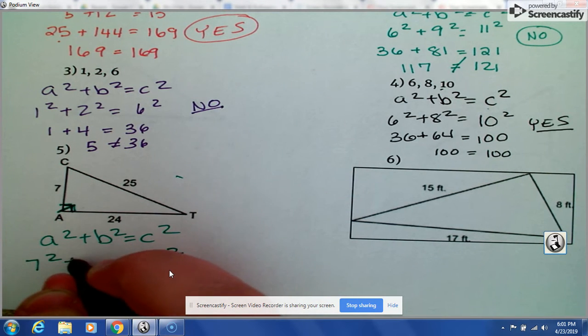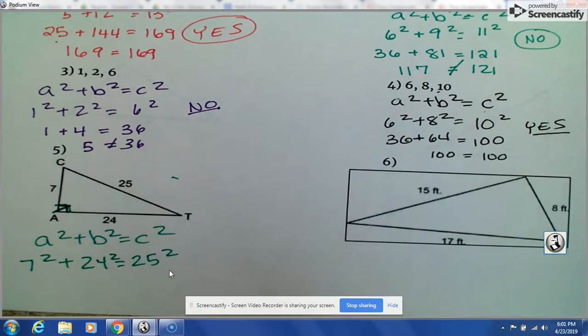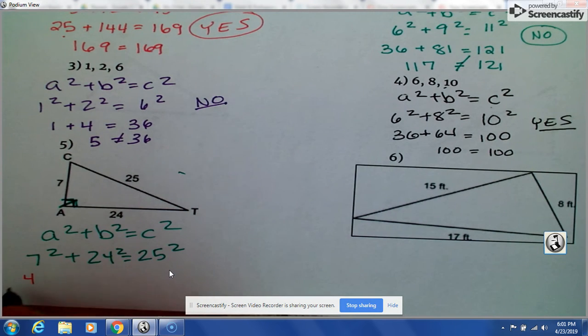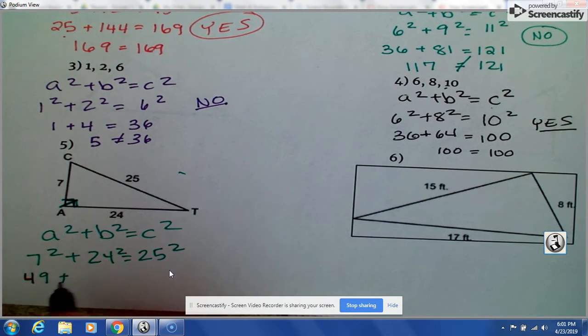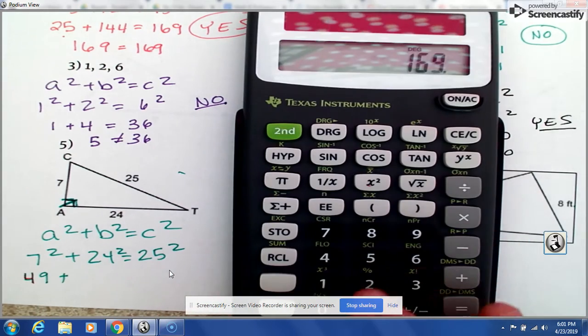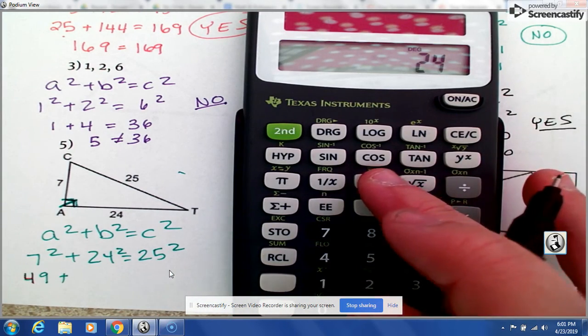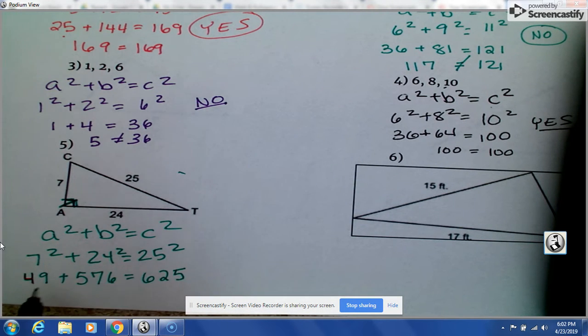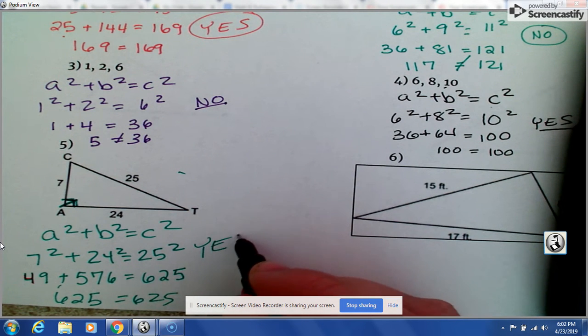So we have 7 squared plus 24 squared equals 25 squared. 7 squared is 49 plus, again, 24 squared gives you 576. And 25 squared is 625. When I add these two together, it gives me 625. And because those both equal each other, this is a right triangle.